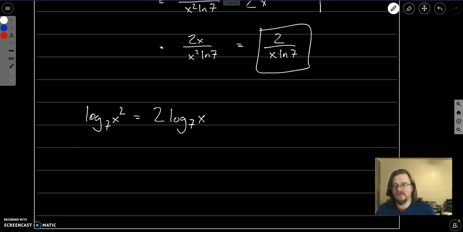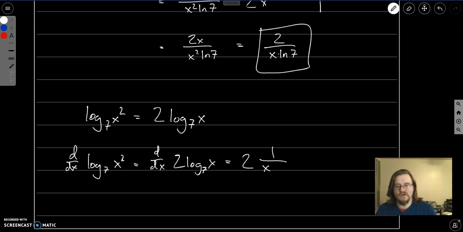So if I take the derivative of log base 7 of x squared, this is just the derivative of 2 times log base 7 of x. Well, I can pull out a 2, and then the derivative of log base 7 of x is 1 over x natural log of 7.